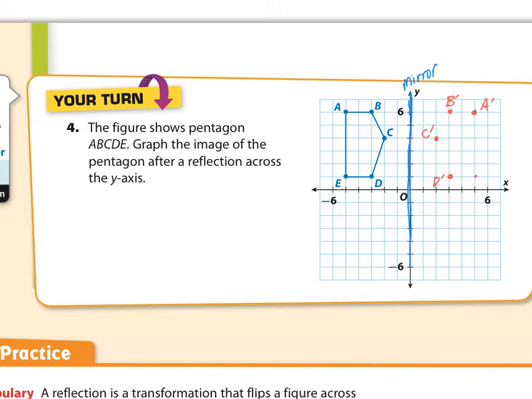And then lastly, E prime will be right here. Okay, so remember, what I do know is that if I were to draw this after plotting the points, I should get a new shape, my image, that is the same shape and the same size, but it's going to be a different orientation. Every time I reflect it, it'll be different, okay? And there you have it.